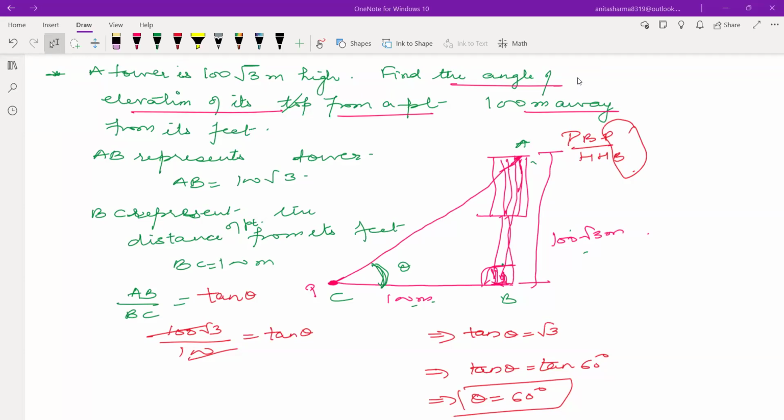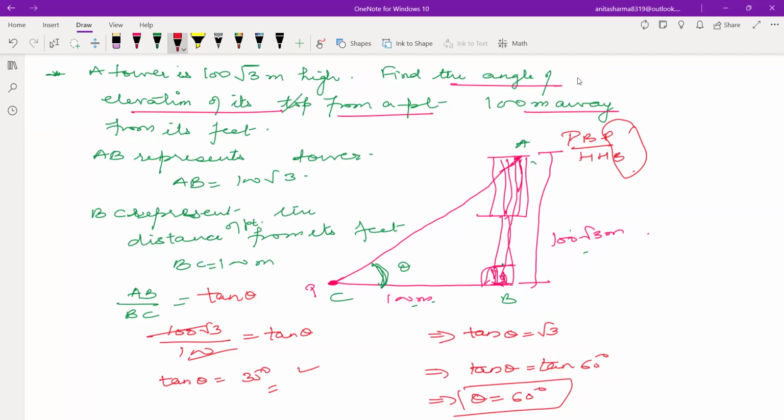Yes, beta? Now what happens if the value is not from the table? If it does not come in the table, then you will write, see, suppose the value of tan theta comes 35 degree. I know the value of 35 because in grade 11 you will learn how to find the values of these also.